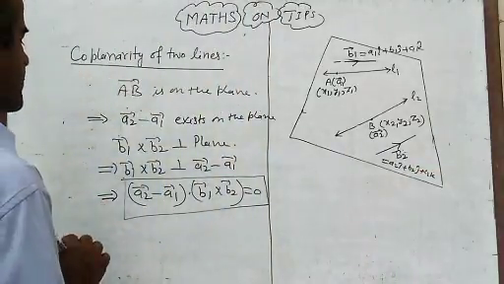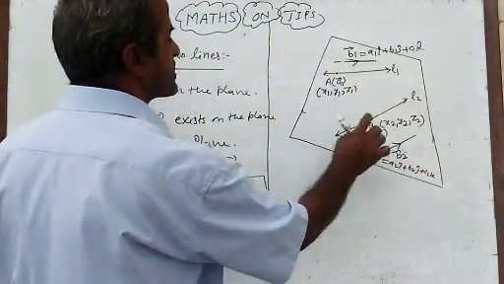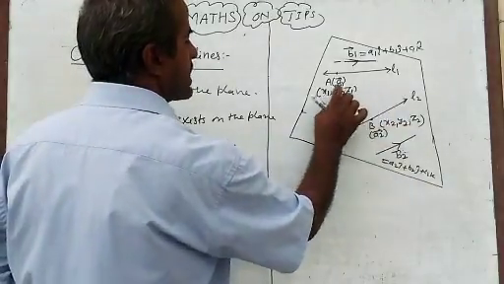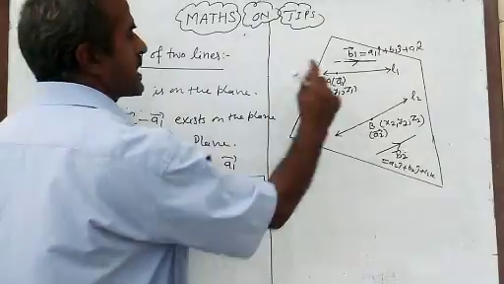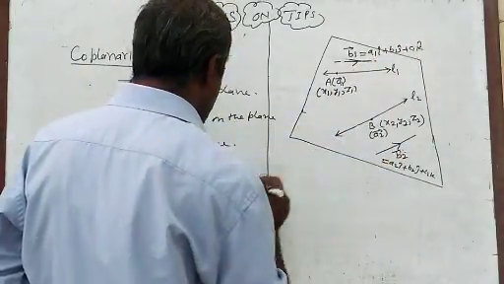देन कार्टेशियन फॉर्म में क्या मिला बेटा, A2 माइनस A1 करना है, कितना आएगा, x2 माइनस x1, y2 माइनस y1, z2 माइनस z1, फिर B1 क्रॉस B2 आपने लिया, क्या आएगा, A1 B1 C1, A2 B2 C2 is equal to 0.